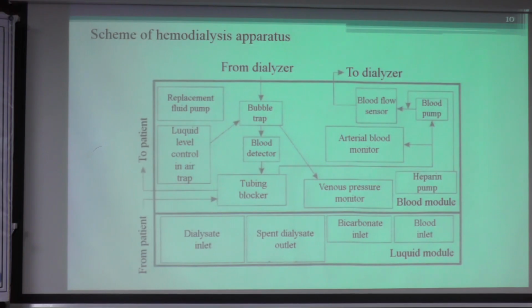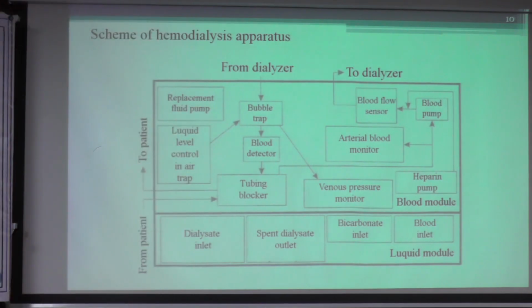Because if the bubble trap does not remove the bubbles from the solution, there is a danger that these bubbles go back into the human blood system, and that will create a very dangerous condition. And this sensor should have a feedback loop with the hemodialysis system, so there is automatic shutdown in case there is some malfunction with any part of the dialysis system in this regard.